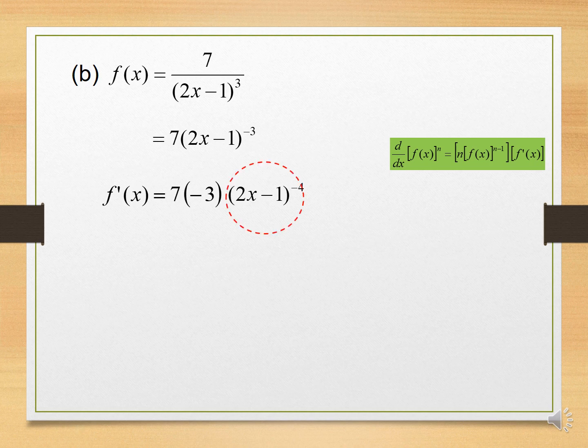We differentiate the function 2x minus 1 inside the bracket, so we get 2. Simplifying, we get negative 42 (2x minus 1) to the power of negative 4. Rearranging again, we get negative 42 over (2x minus 1) to the power 4.